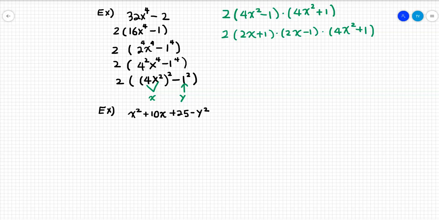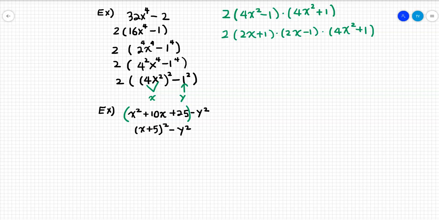What we want to do here is look at the x terms with the constant term by itself and just leave the y squared for a moment. So we look at this first. You know that x squared plus 10x plus 25, if you factor this, you will end up with x plus 5 squared, minus y squared.